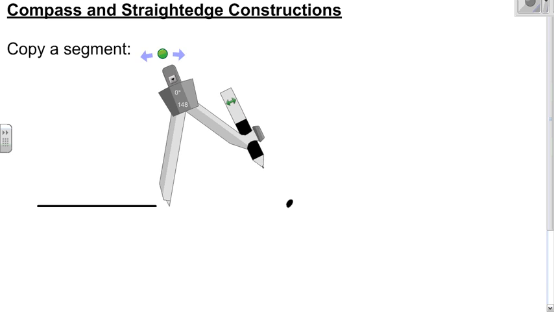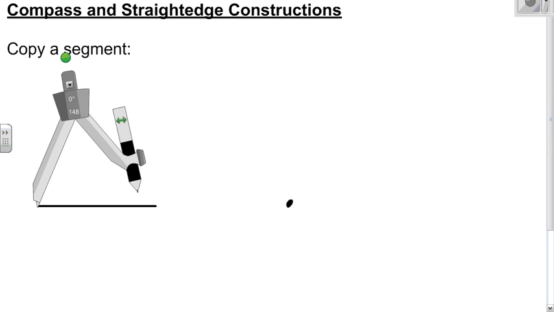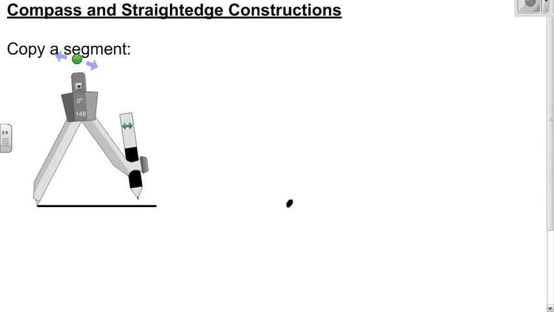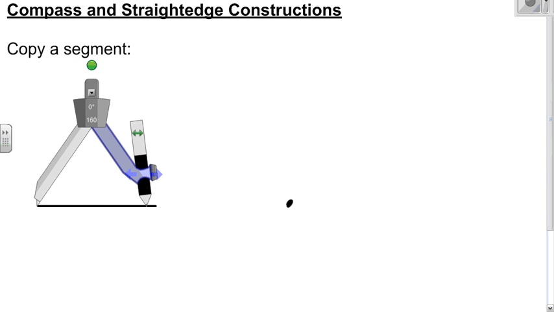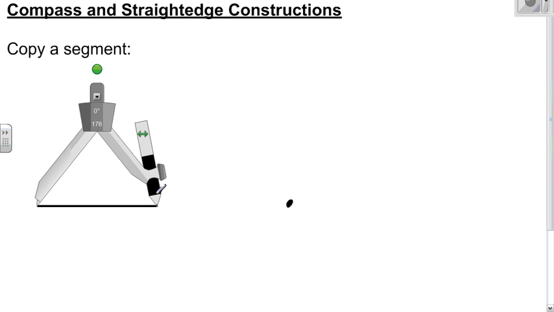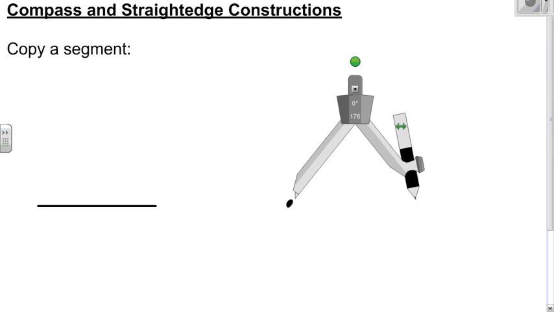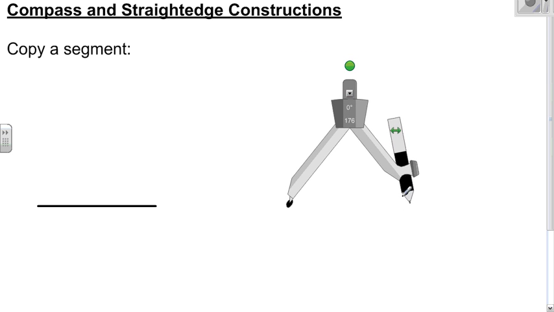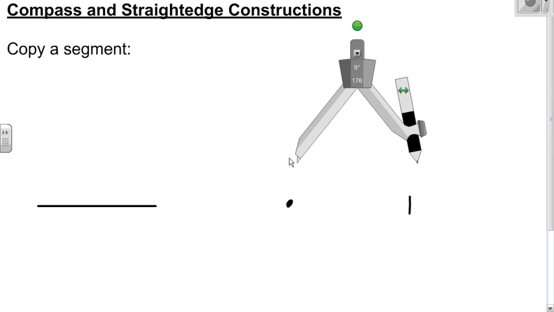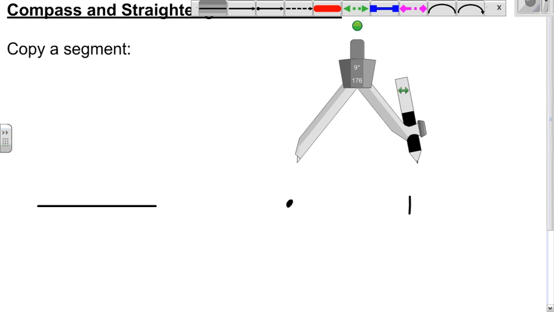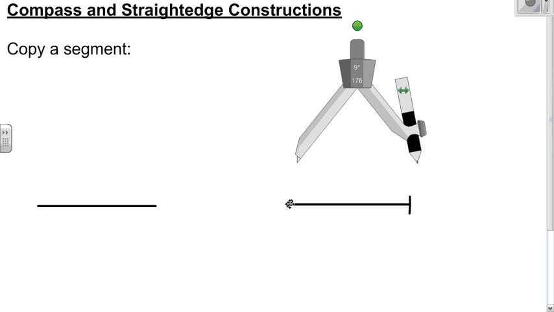We will take our compass and just use it to measure the length of our line segment. Then we can take our compass to our starting point that we made, and then simply by moving the pencil portion of our compass, we've now marked out the same length, and then just use your straight edge to draw that line segment.